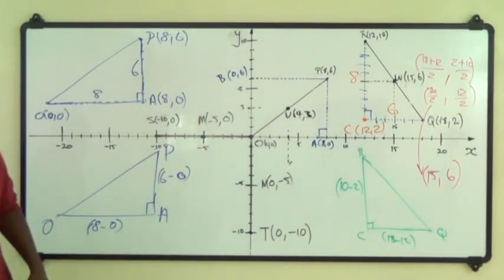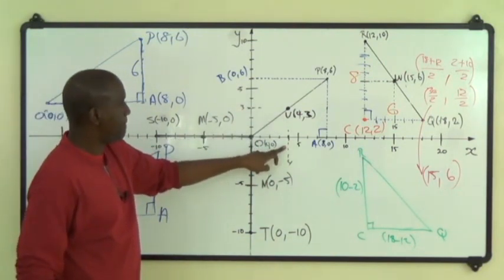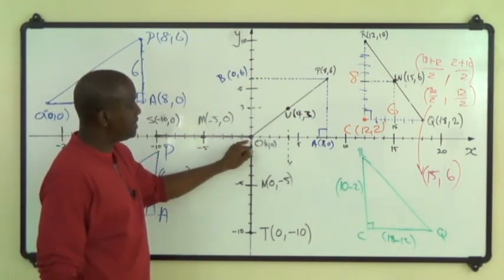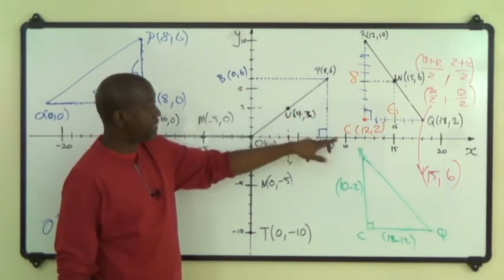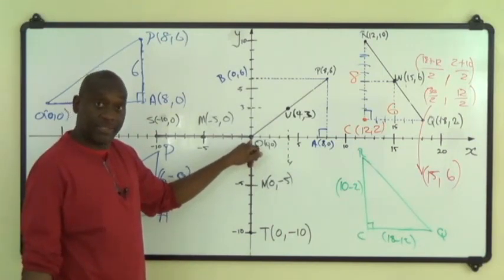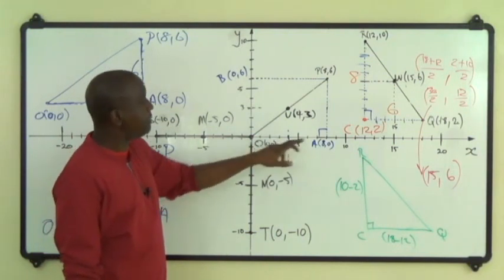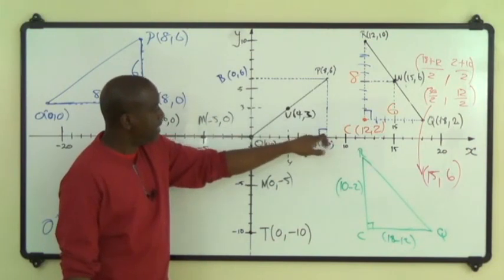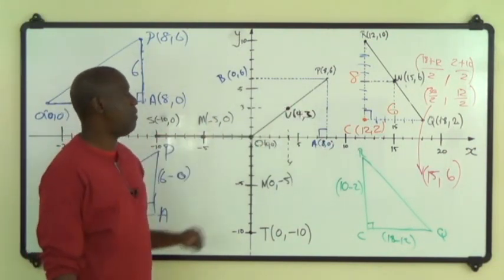The distance of this point from the x-axis is halfway between the distance of this point from the x-axis and the distance of this point from the x-axis. The distance of this point from the x-axis is obviously 0 because it actually lies on the x-axis. And if the distance of this point from the x-axis is 8, then the distance of this point from the x-axis will be half of 8, which is 4.